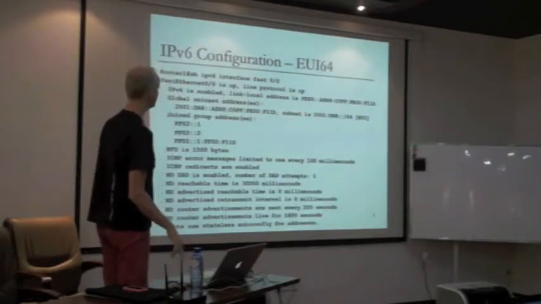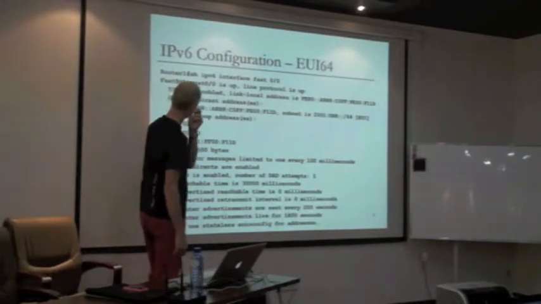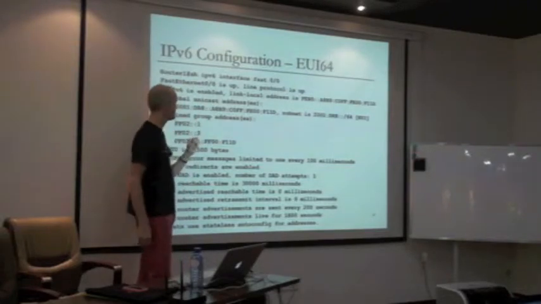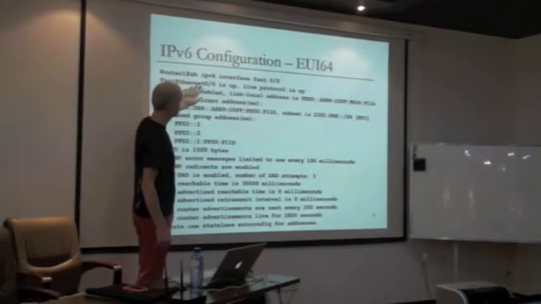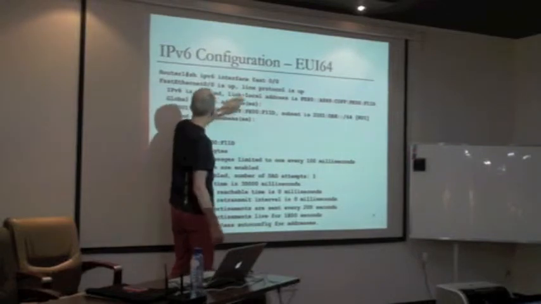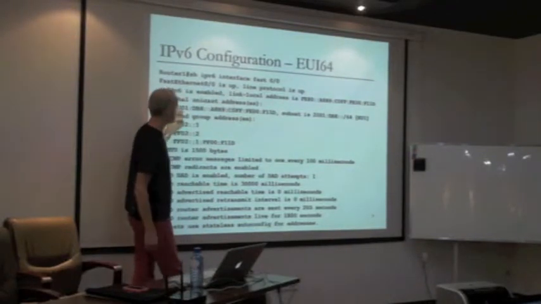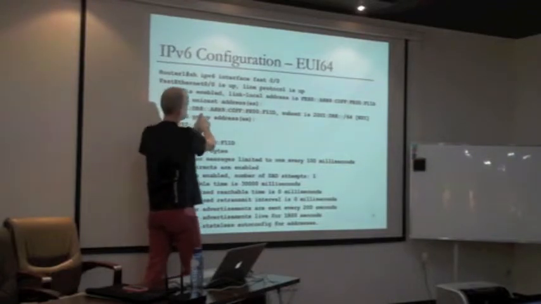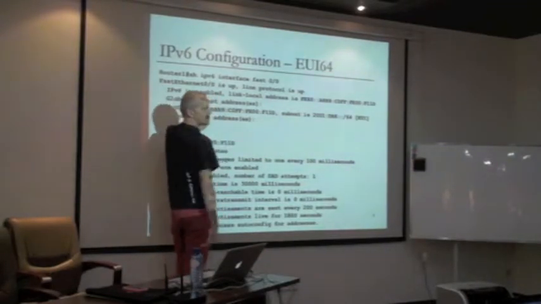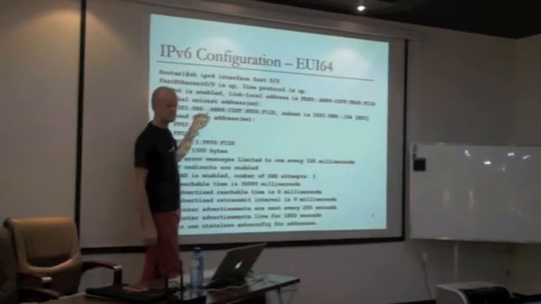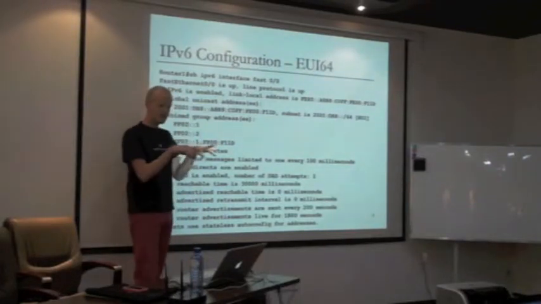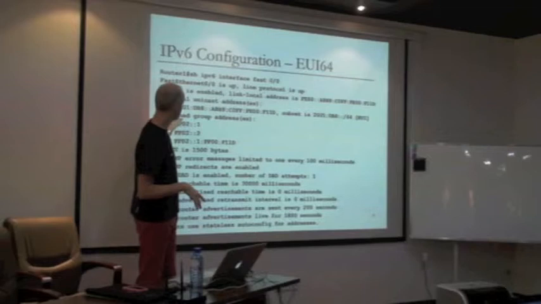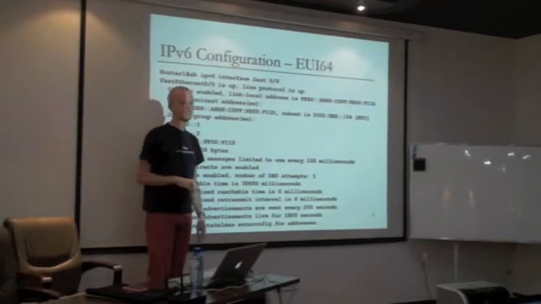For EUI-64, there we've configured the interface as EUI-64. So again, V6 enabled. We've got the link local address. Here's the global unicast. You see why it looks horrible? You've got 2001:DB8, and then you've got that 64 bits EUI-64. And if you're typing in neighbor addresses and so forth in the router, can you imagine typing all this in?